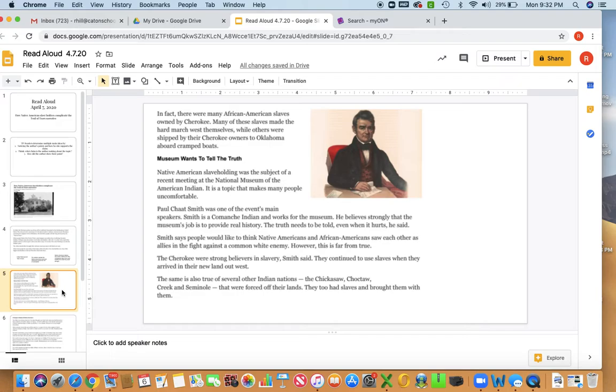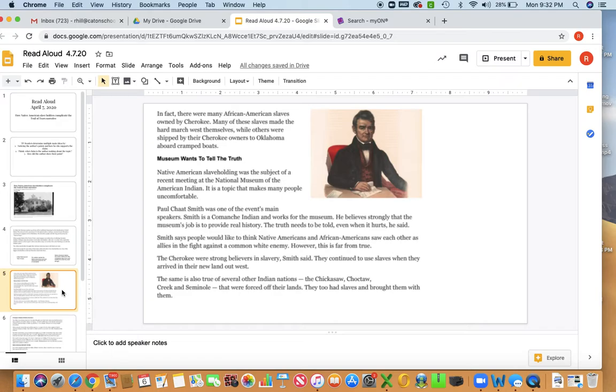It is a topic that makes many people uncomfortable. Paul Chat Smith was one of the event's main speakers. Smith is a Comanche Indian and works for the museum. He believes strongly that the museum's job is to provide real history. The truth needs to be told, even when it hurts, he said.